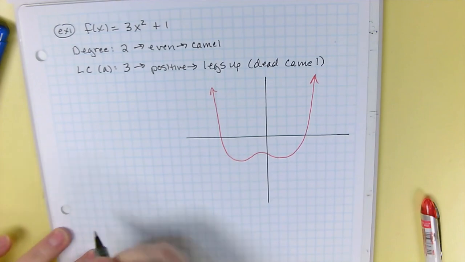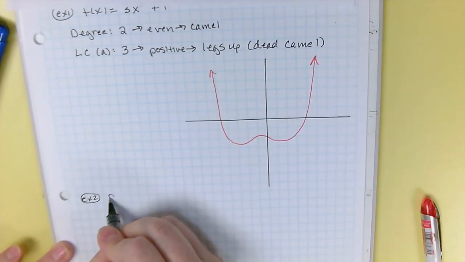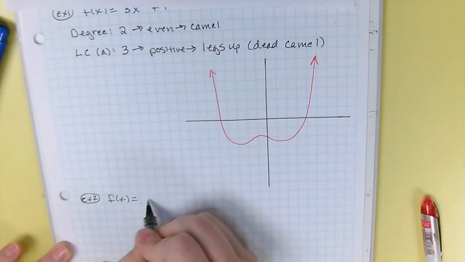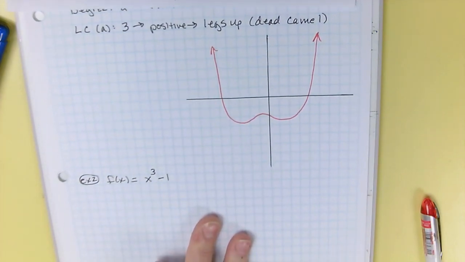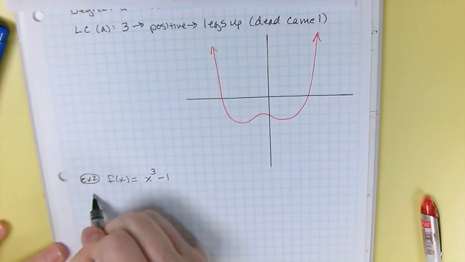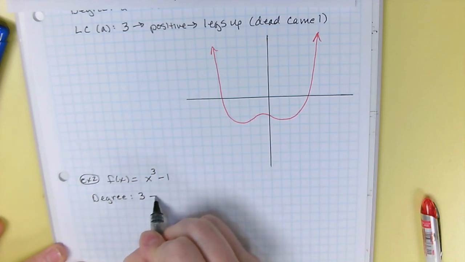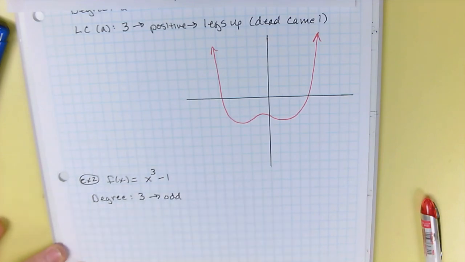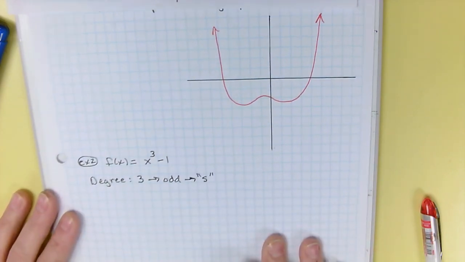All right, let's do one more and then we're going to move on to the next topic. So let's say you've got f of x equals x cubed minus 1. Okay, in this one, the highest value of x is a 3. So your degree is a 3, which is an odd number, which means we're going to have an S-shaped graph.